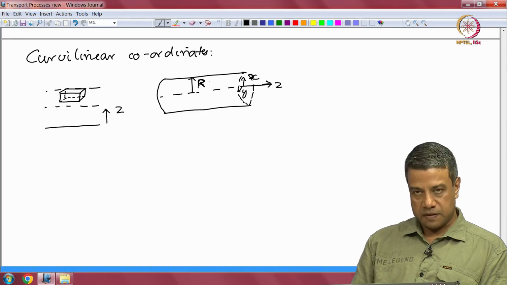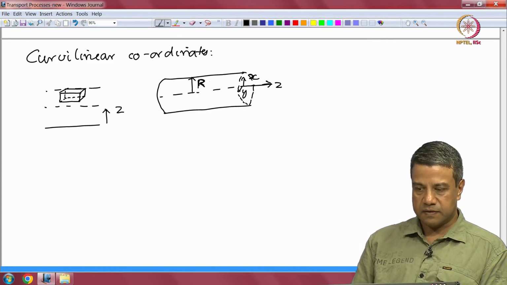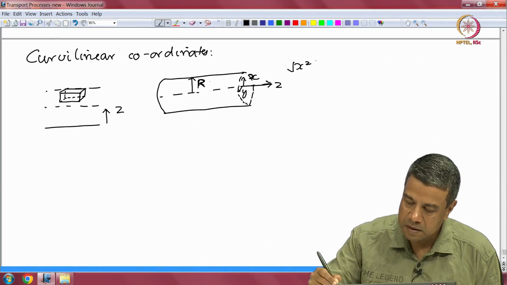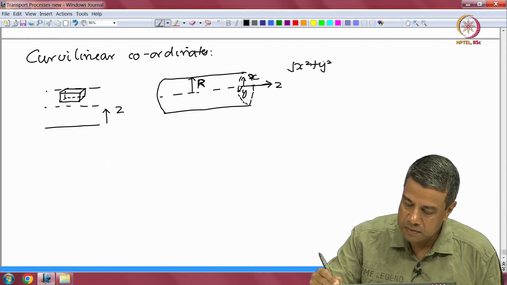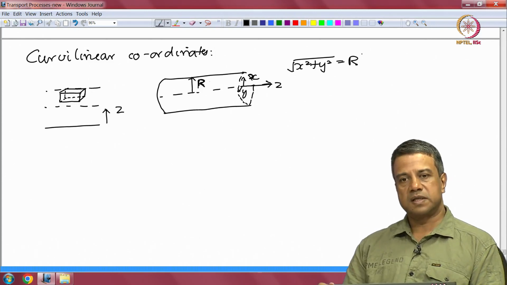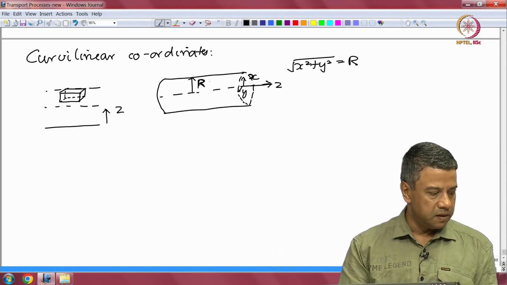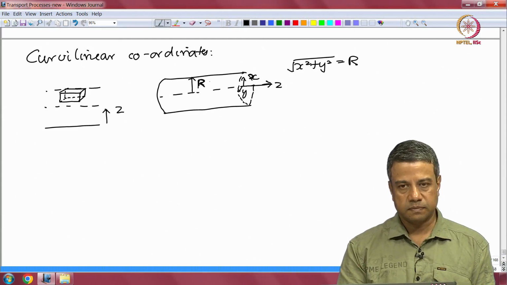The equation of the surface of the pipe is that of a circle in the xy plane, square root of x square plus y square is equal to r, or x square plus y square is equal to r square. So, that is the equation of a surface.